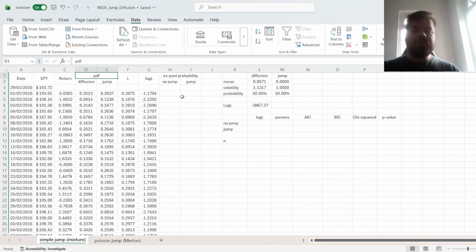But what we also can model quite straightforwardly using the jump diffusion model is the ex post probability of a jump happening. Simply because we know what the return on the day was, we can infer how likely it was that this return came from a diffusion process and how likely it was that this return occurred due to a jump happening. And for this, we can use the Bayes theorem, which has very direct and important application to this evaluation.